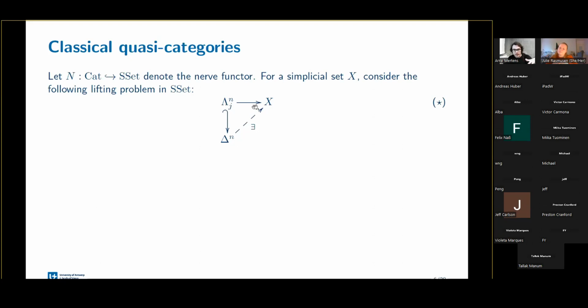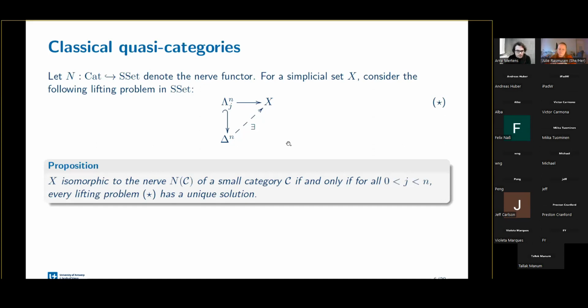And we can ask whether a map from the horn to X can be lifted to a map from the standard simplex. So in other words, can I fill the horn inside of X? And it's a very classical observation that a simplicial set is isomorphic to the nerve of some category if and only if for any j strictly between 0 and n, any lifting problem like this has a unique solution. So in other words, every inner horn in X can be filled uniquely.